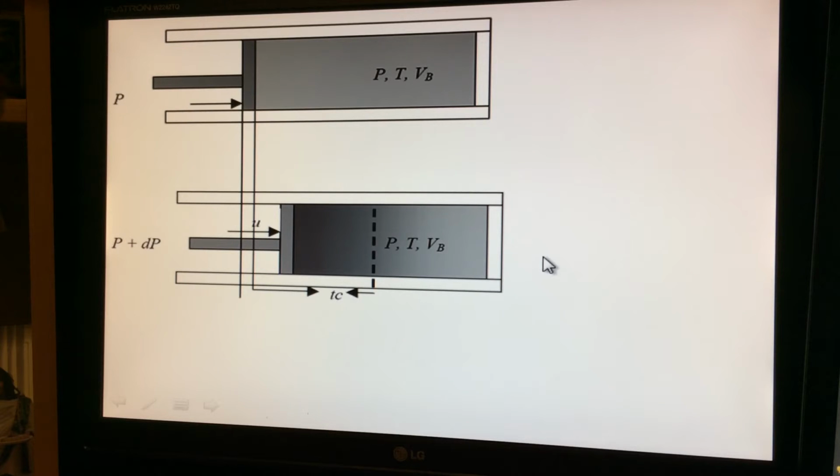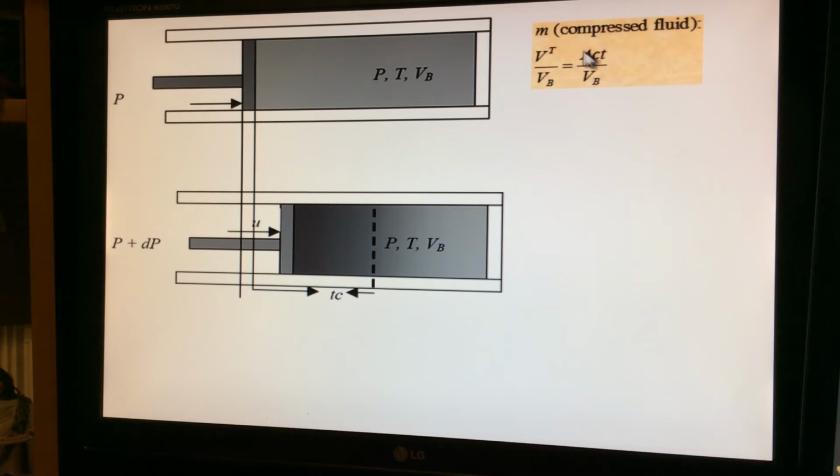If you look at this region, you can see that the air in here is undisturbed, but the air in here has been compressed. The distance that this compression covers is simply given by the time times c, which is the speed of the compression wave, which is, of course, the speed of sound.